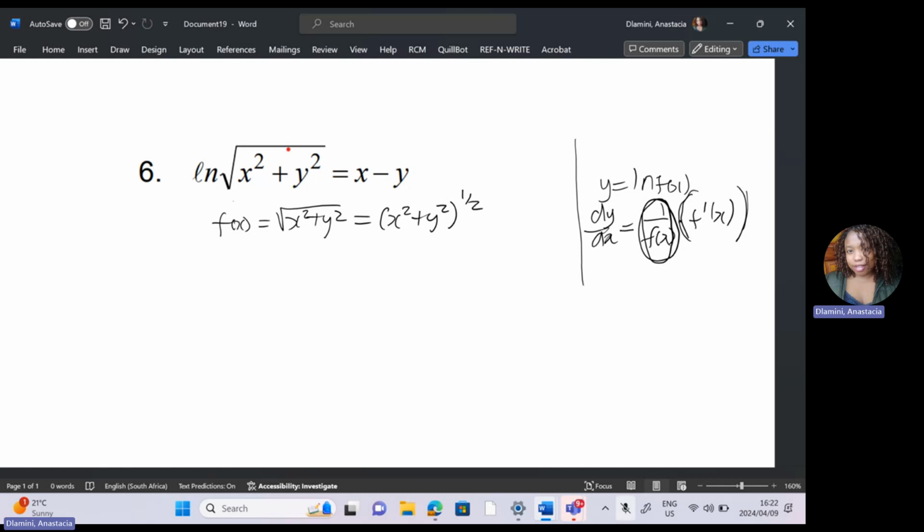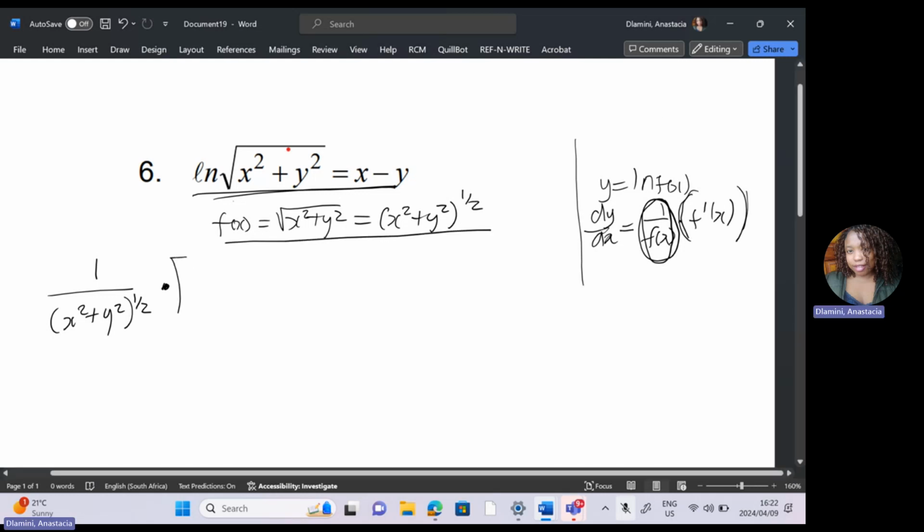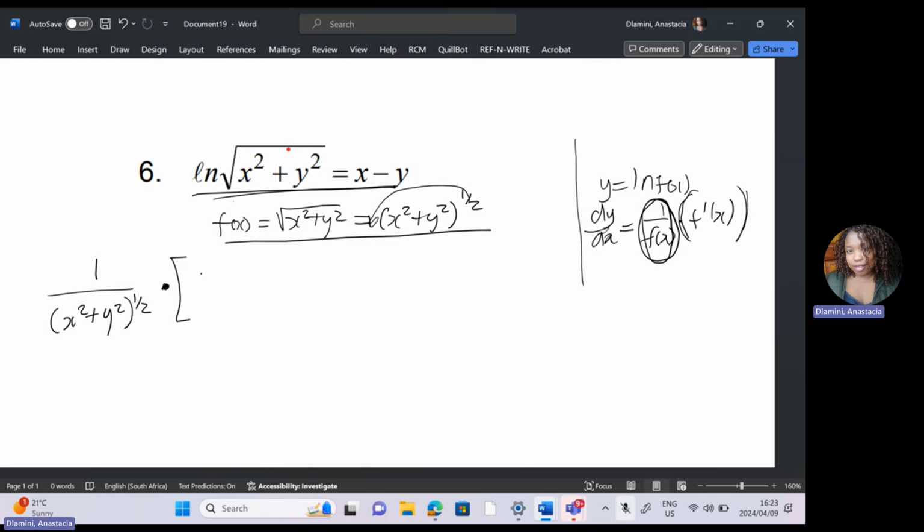If we start differentiating the left-hand side of this expression, then we have 1 over x squared plus y squared to the power of half times the derivative of this function here. So what is the derivative of that function? As I said, put everything in brackets. The derivative will be, take half this side, so 1 over 2, subtract, put everything the way it is, x squared plus y squared.